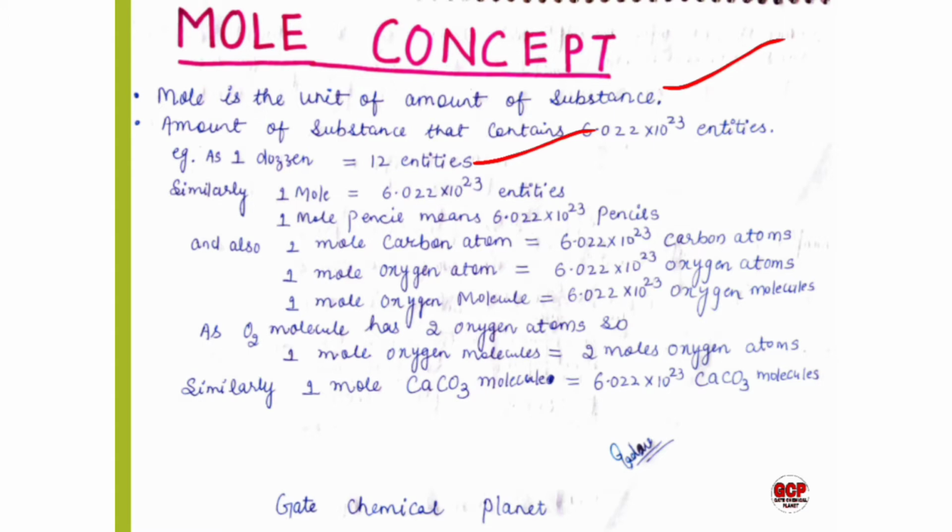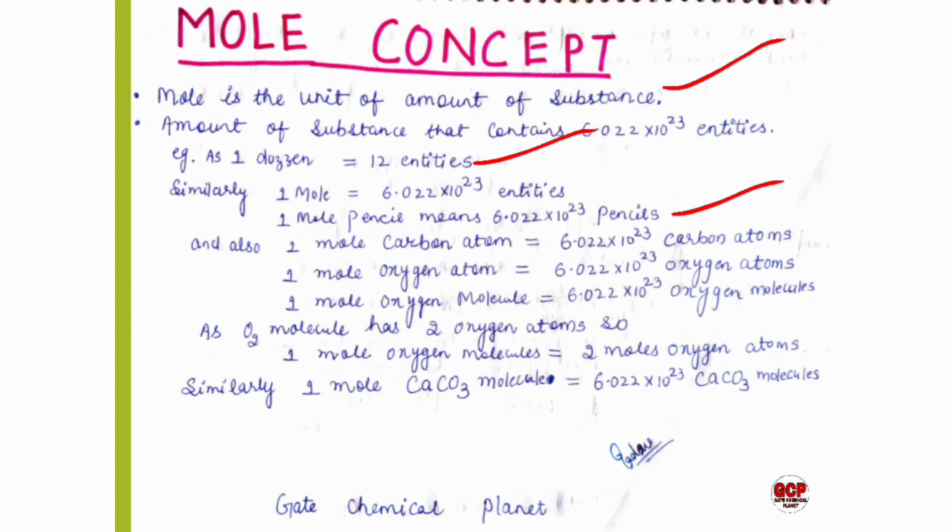If I say 1 mole pencil, then what is the meaning of 1 mole pencil? 1 mole pencil means 6.022 × 10^23 pencils. Also, 1 mole carbon atom equals 6.022 × 10^23 carbon atoms.